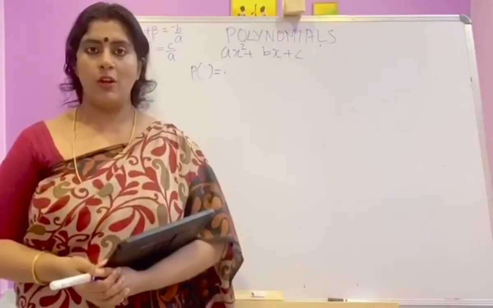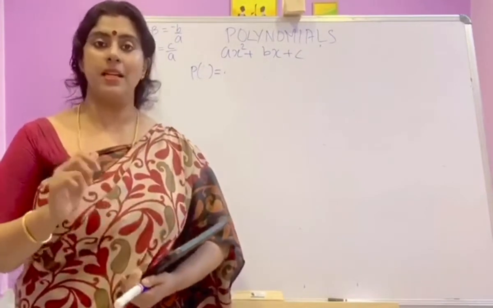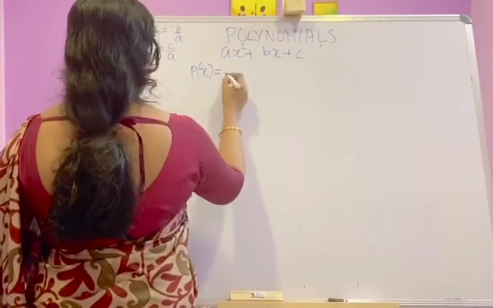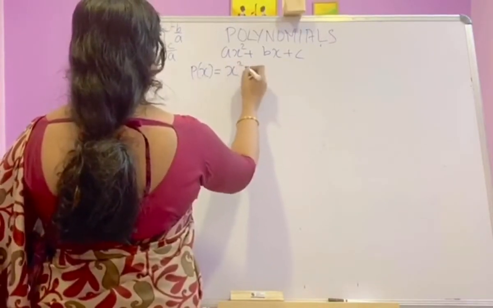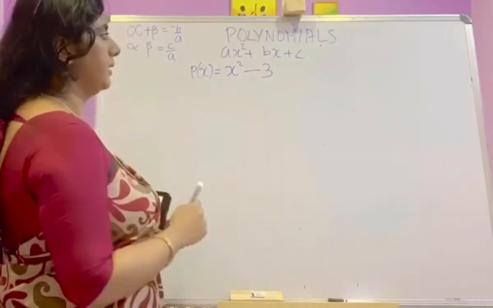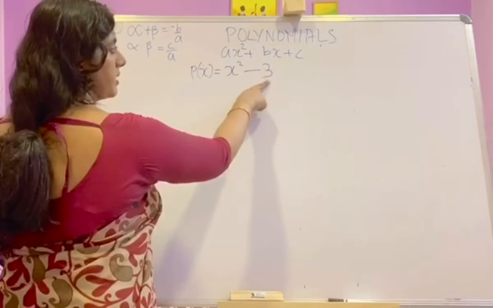The next polynomial is also having two terms, but here the missing term is the middle term. Let us look. P of x is equal to x square minus 3. Here, this is the first term and this is the third term.